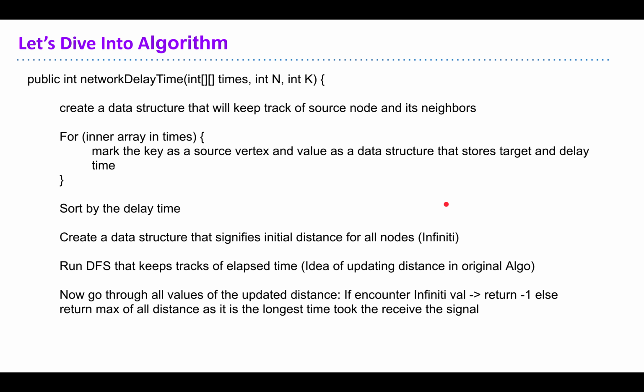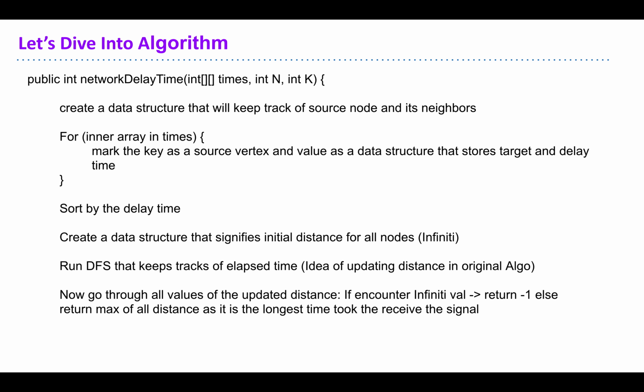And this is a brief pseudocode of how you would implement this. Here's the method header. First, you can create some kind of data structure that keeps track of source nodes and their neighbors, like the physical table we have seen before. While iterating through the inner arrays in times, since it's a 2D array, we can mark the key as a source vertex and the value as a data structure that stores the target and delay time.